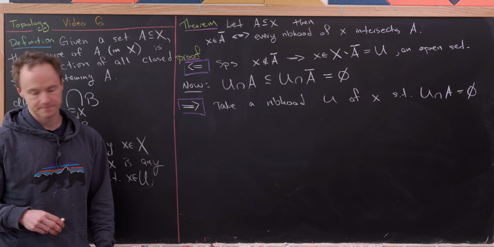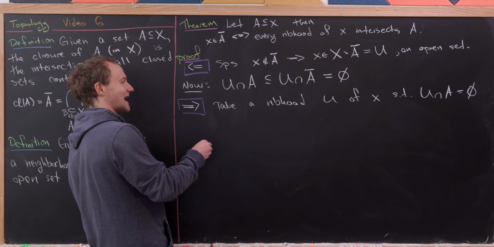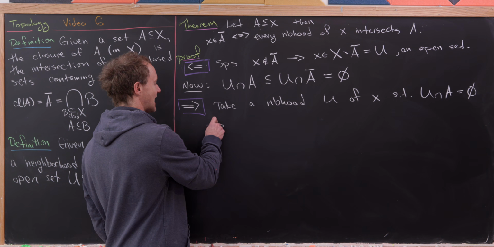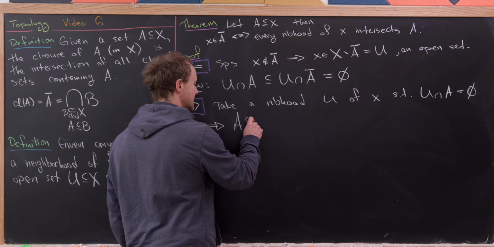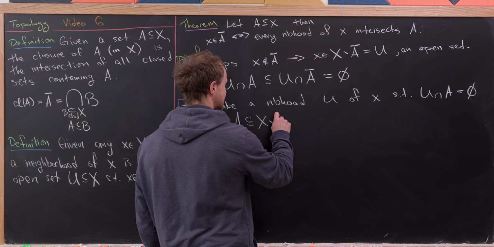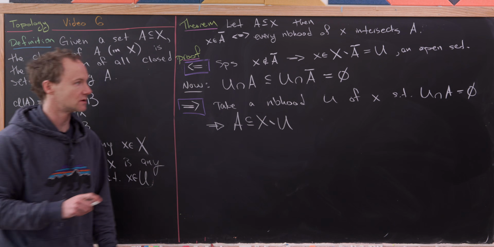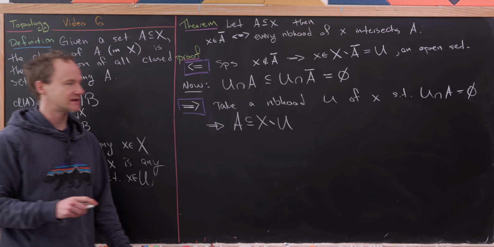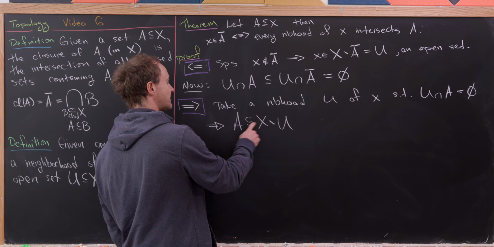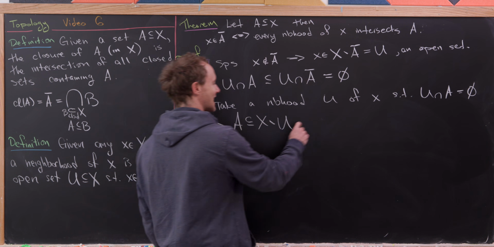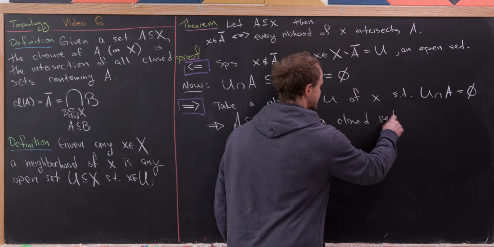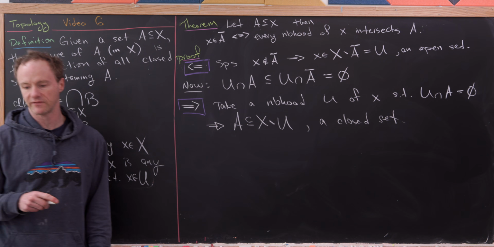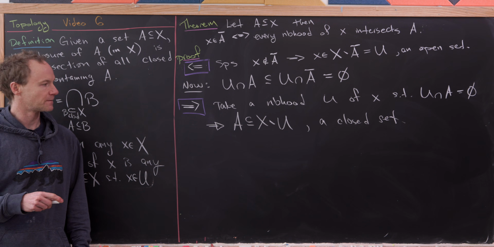Okay, great. But if U intersect A is the empty set, that tells us what? Well, that tells us that A is contained in X minus U. Okay, but if A is contained in X minus U, well, we found a closed set containing A. I'll just put here, this is a closed set because it's the complement of an open set.